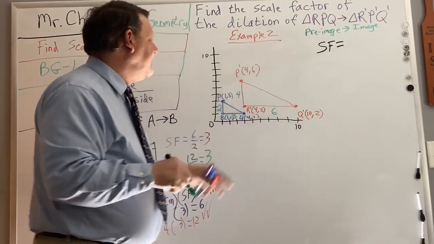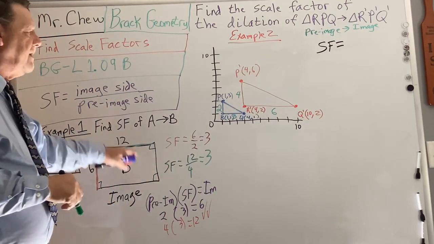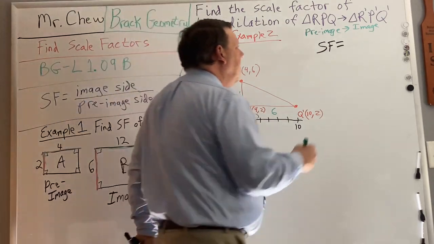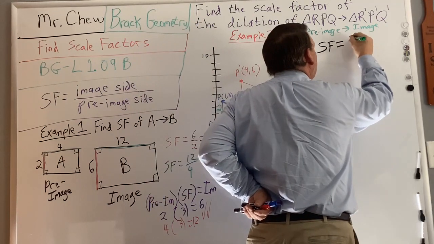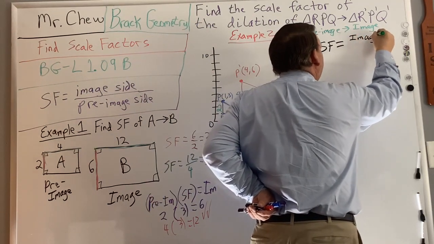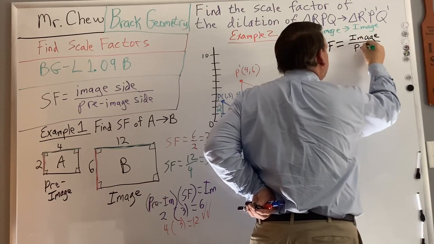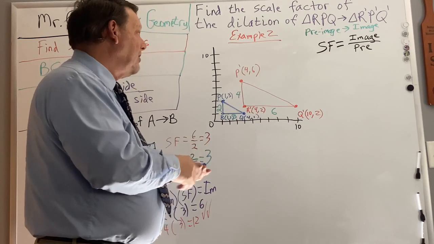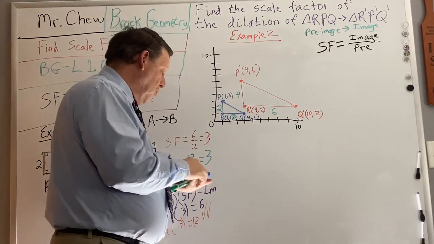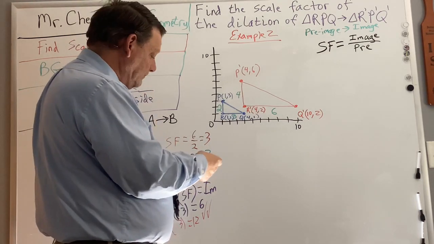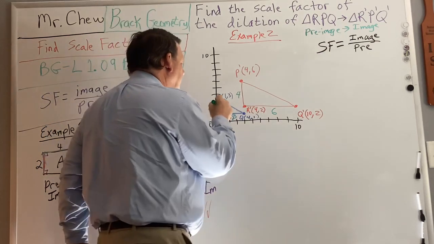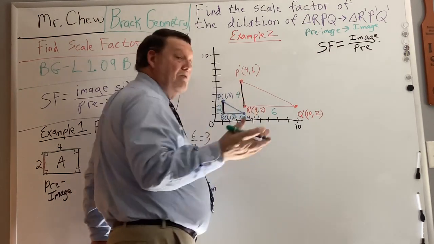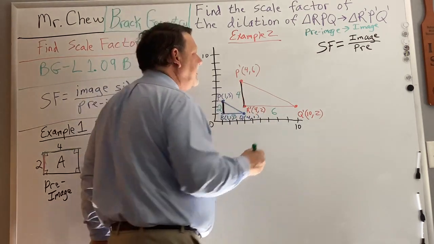So now that we have these lengths, we can go ahead and do exactly what we did here. So remember, the scale factor is going to be the image length over the pre-image length of a corresponding side. So we have to do some corresponding sides here. So let's do this vertical and this vertical, since they both are vertical and the orientation's the same.